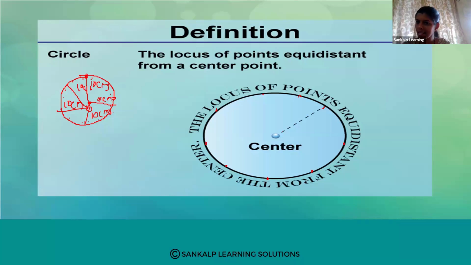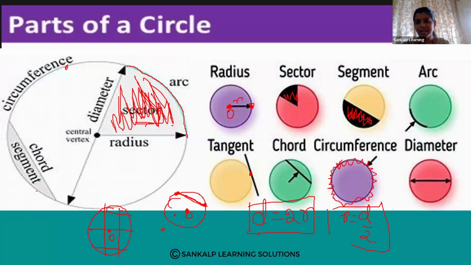Just recall the parts of a circle: radius, sector, segment, chord, diameter, circumference, and area. These are all the parts related to the circle.